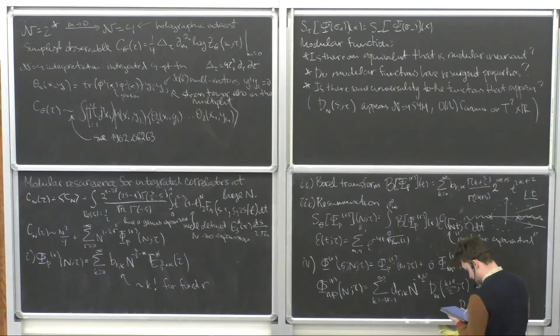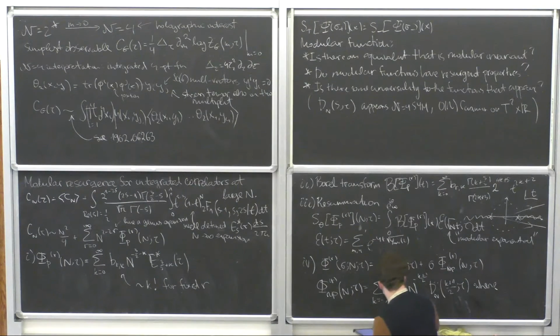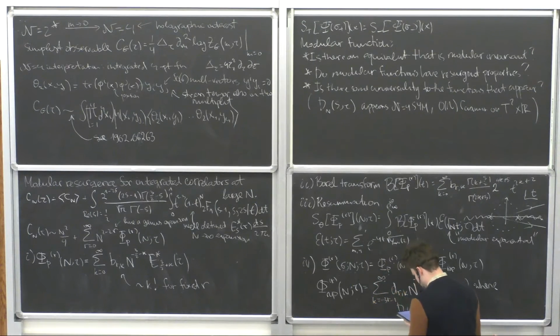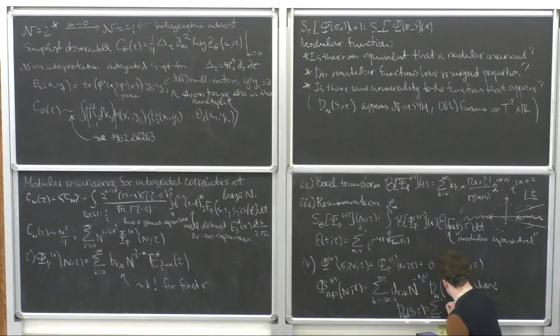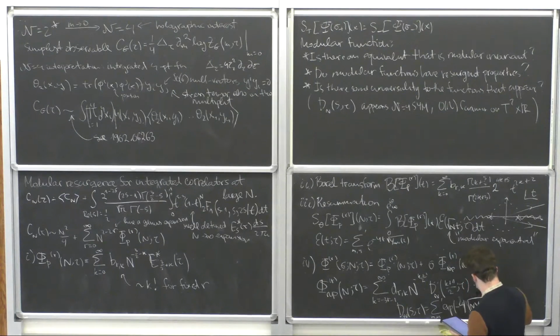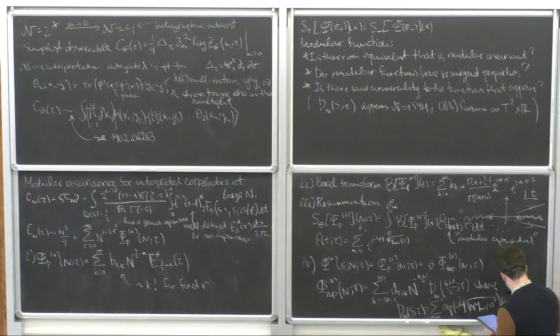d_n of s and tau is defined to be a sum over m, n, excluding 0, 0, of the exponential of minus 4 square root of n y_mn of tau times 16 y_mn of tau to the power negative s.